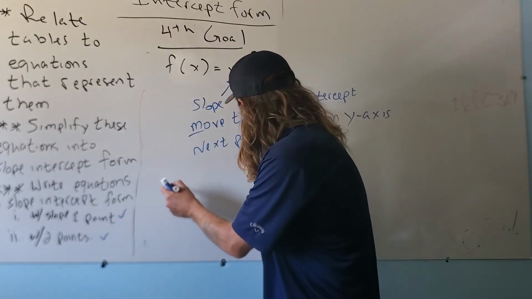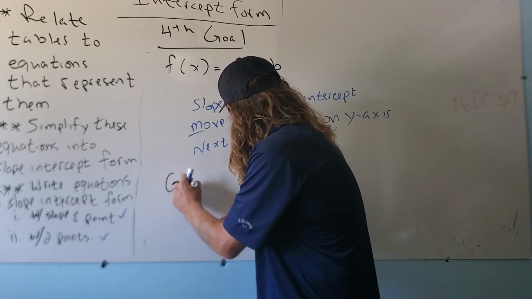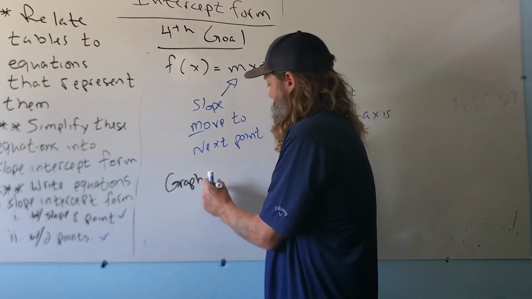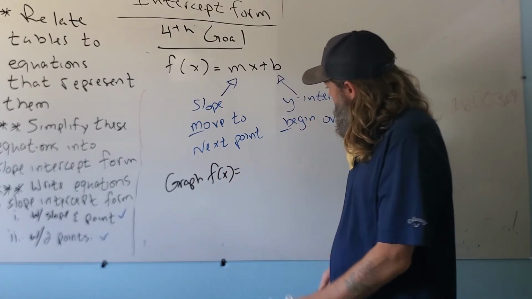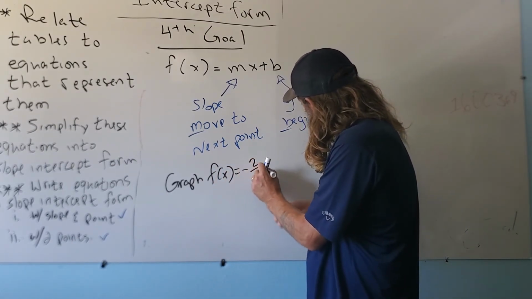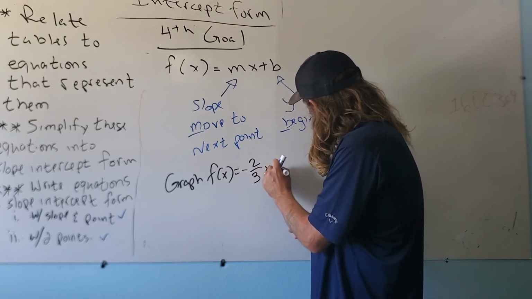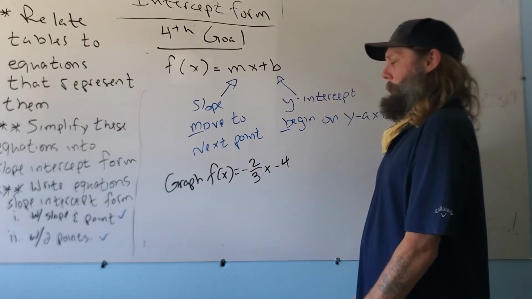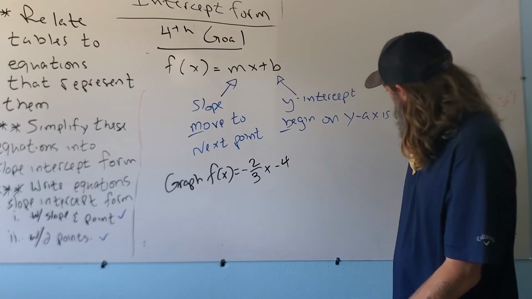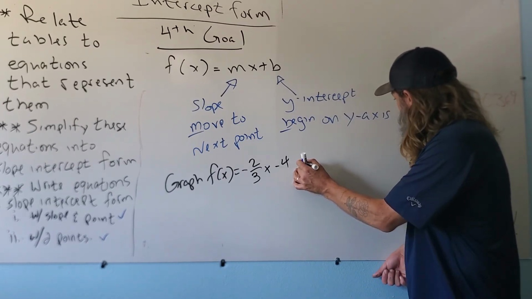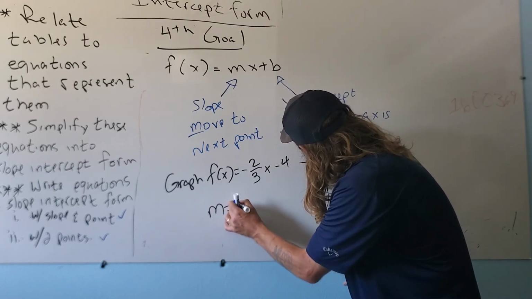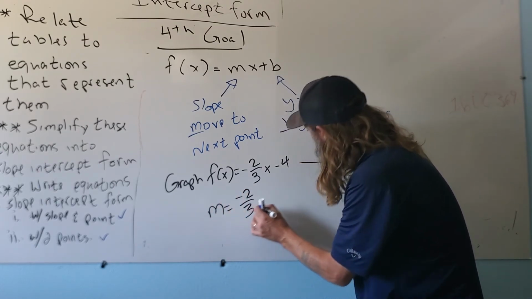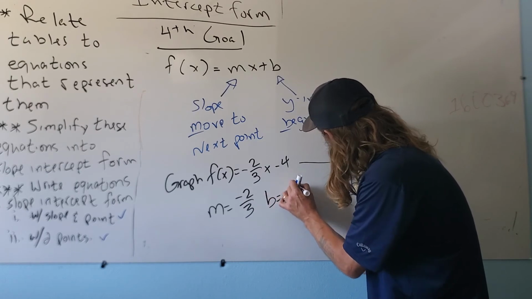Let's graph f of x equals -2 thirds x minus 4. I should pick a better one, but that's okay. So for my slope, I'm going to put the negative with the 2, and I begin at -4 on the y-axis.